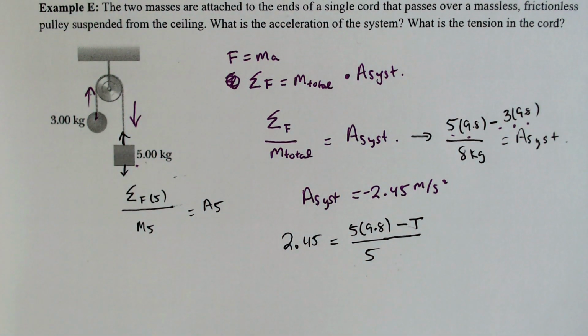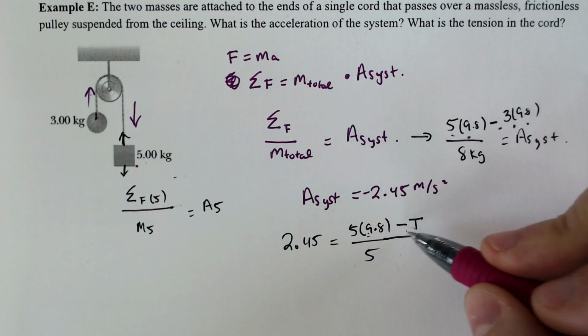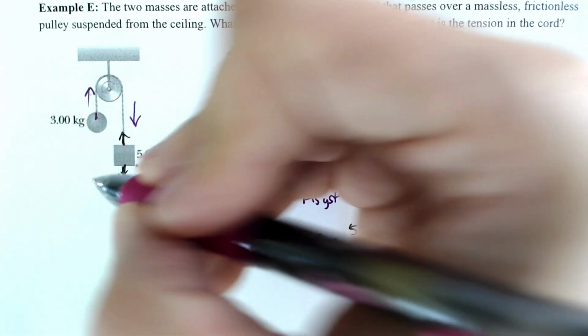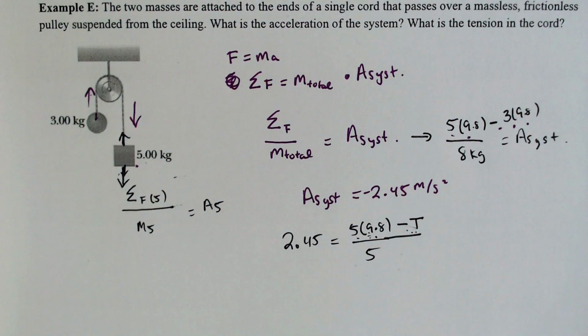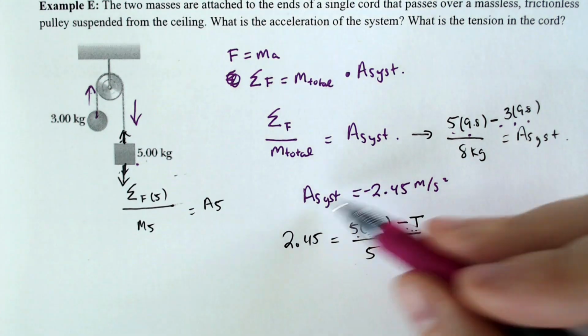And that tension is going to counteract it, and therefore the sum of the forces would be 5 times 9.8 gravity, it won, so that vector should be a little bit longer, minus the tension, which is pulling upward on it, will equal this.